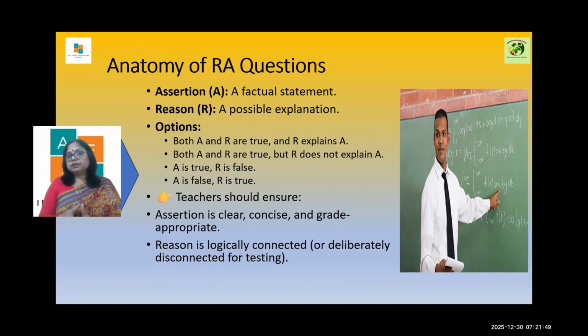This is very important when we are framing the assertion, the reason, the complete question structure. We have to keep in mind always the grade, the students whom we are actually framing the questions for.